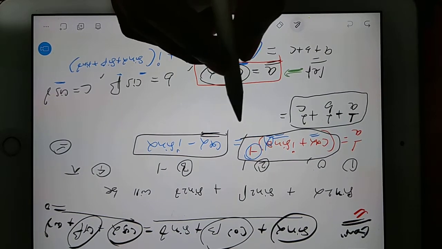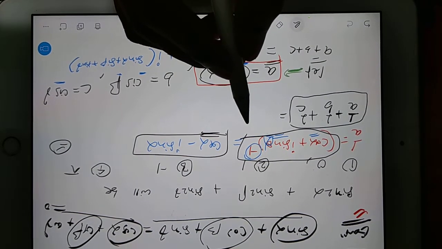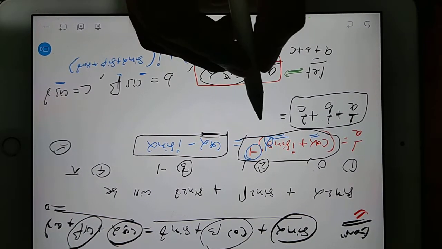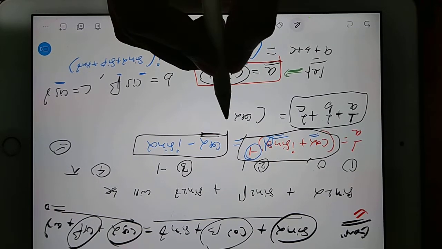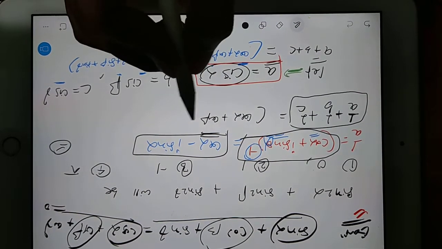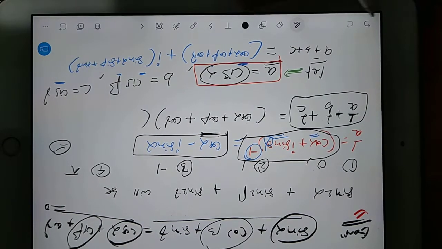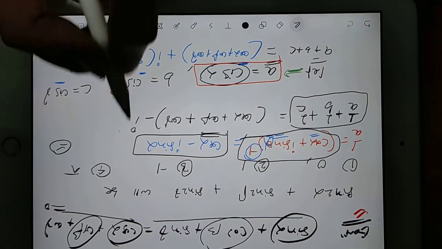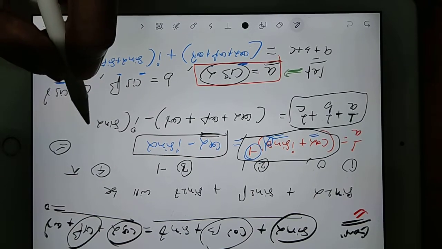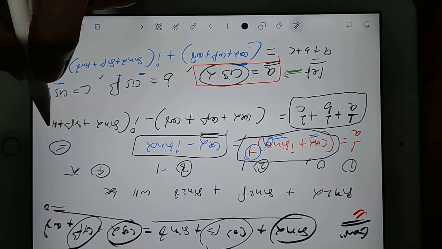Because we are using alpha, beta and gamma, we can open this as, in one bracket, cos alpha plus cos beta plus cos gamma. In another bracket put a minus sign and then i, and then sin alpha plus sin beta plus sin gamma.